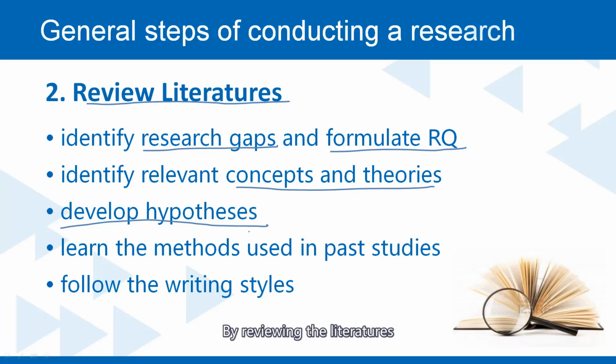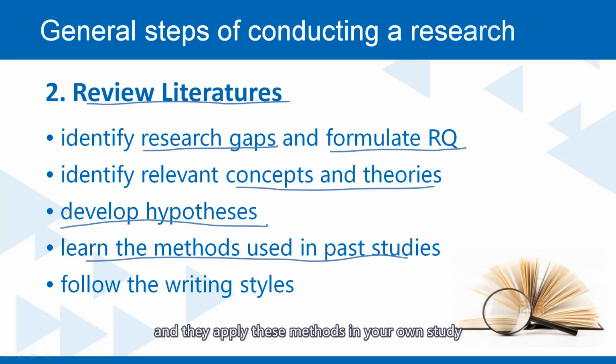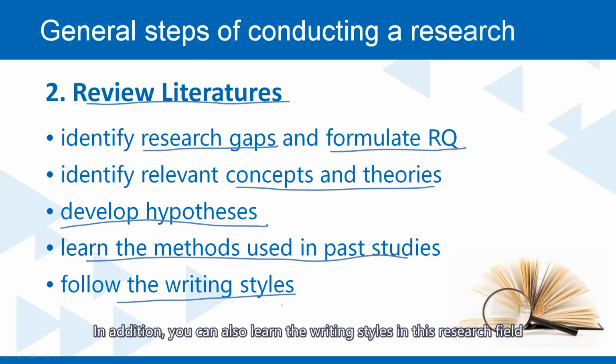By reviewing the literatures, you can also learn the methods used in past studies and apply these methods in your own study. In addition, you can also learn the writing styles in this research field if you want to submit your research report to a journal. And I will introduce these issues more in next few lessons.